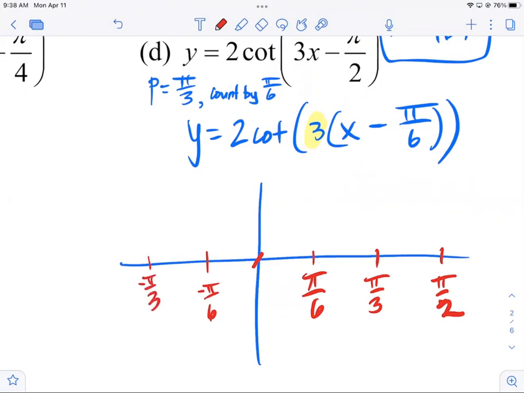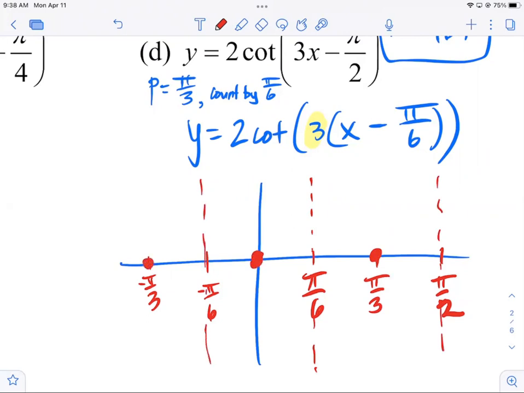That's enough. All right. And now let's think about it. Cotangent normally has a vertical asymptote on the y-axis. But wait, we pick that vertical asymptote and move it right. How much? Pi 6. So now there's a vertical asymptote at pi 6. And once you have the vertical asymptote, you know how everything else falls into line, right?